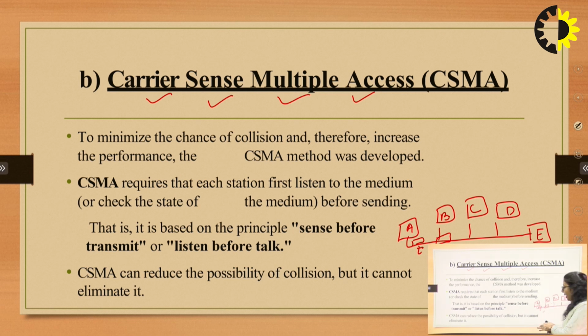As it reaches B, it understands that there is something transmitting on the channel, so it does not send the data. But C, D and E haven't sensed any data, so they can send the data, right? Because the data has reached B, not C, D and E.